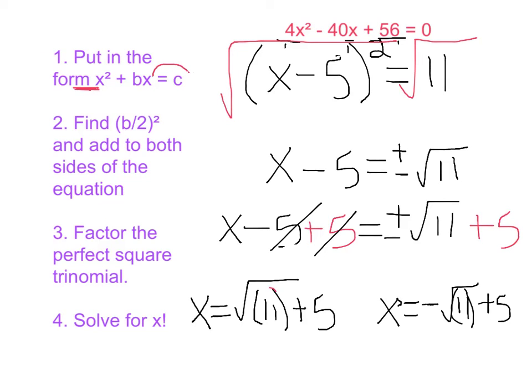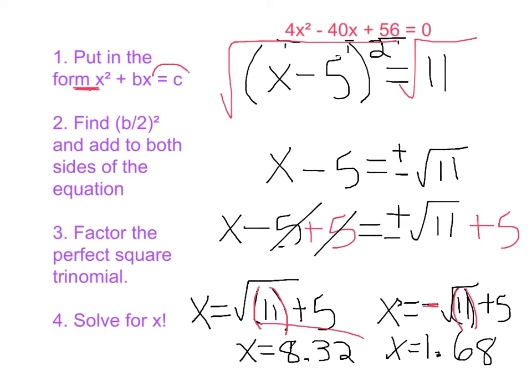On your calculator, make sure that you close your parentheses before you add 5. And then to get my other solution, negative square root of 11, once again, close those parentheses before you add 5. And if you round your answers to the nearest hundredth, your two solutions should be x equals 8.32 and x equals 1.68.